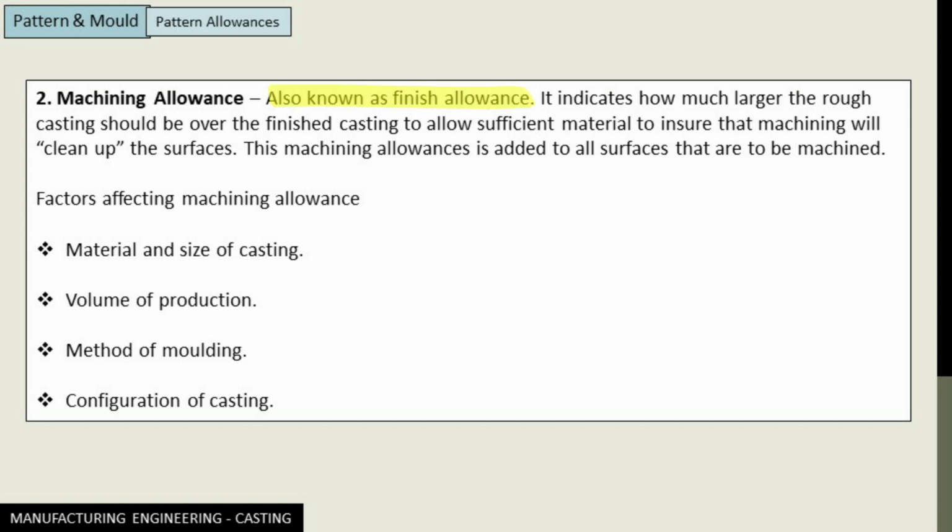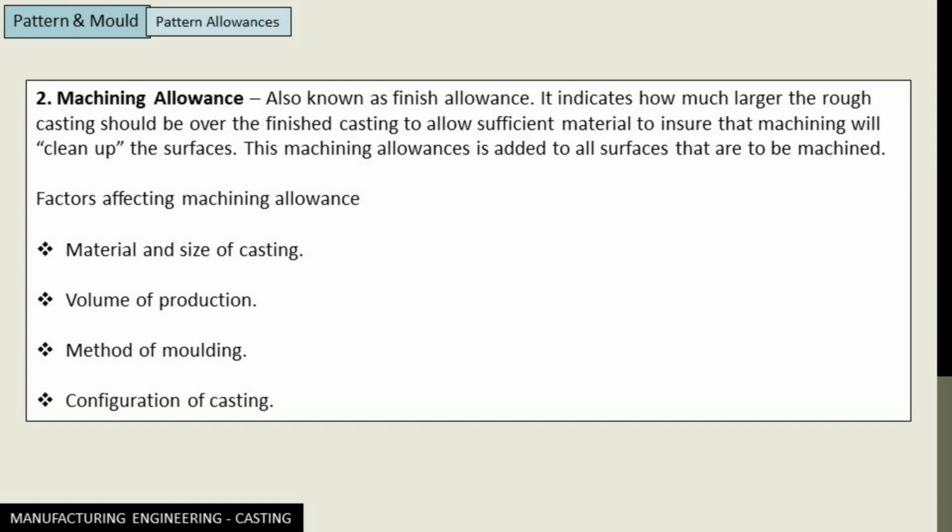It is also known as finish allowance, and it indicates how much larger the rough casting should be over the finished casting to allow sufficient material to ensure that machining will clean up the surface. This machining allowance is added to all the surfaces that are to be machined.